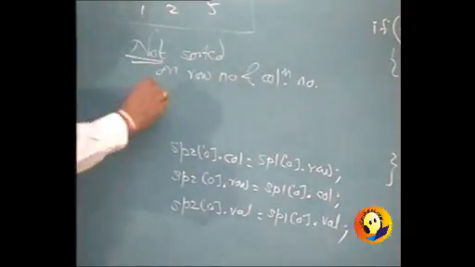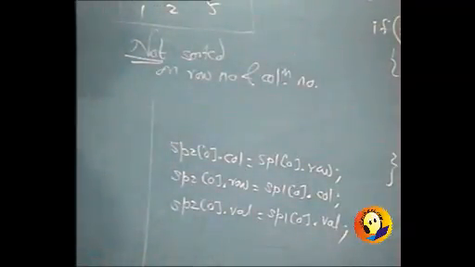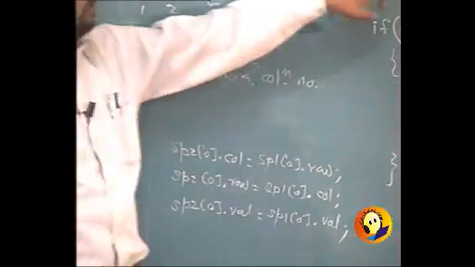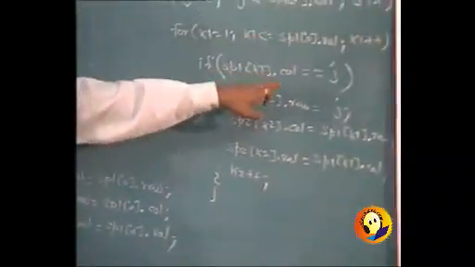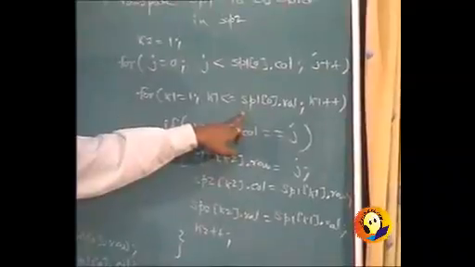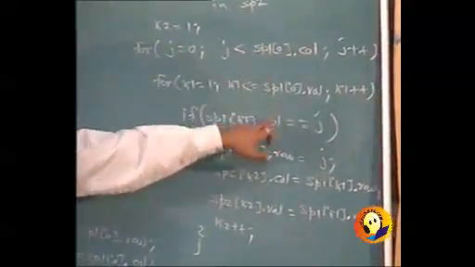Complexity, how many comparisons are taking place? Number of columns into the number of elements, these many times the comparison is taking place.